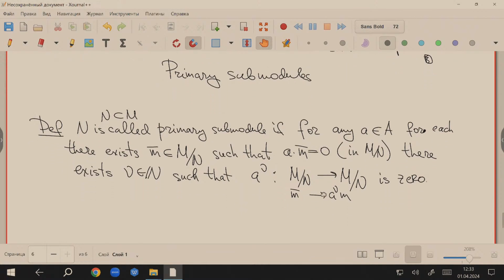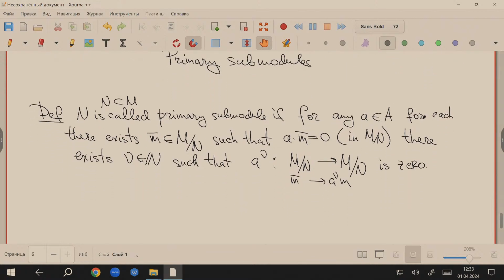So just in brief words, if you have phi_a, which is an operator from M/N to M/N, so that to m you associate phi_a(m), which is just equal to a times m.